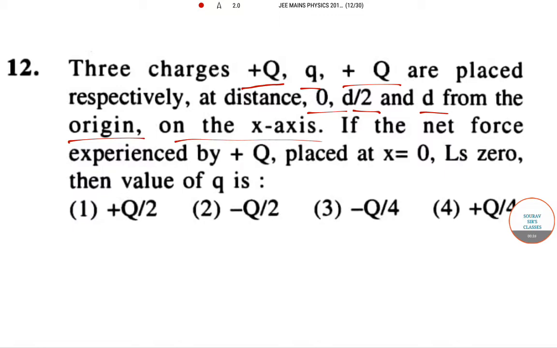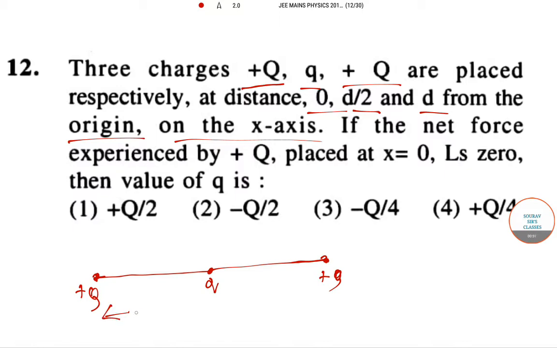So, if I draw this diagram, this first charge is plus Q, in the center this is small q, and the last one is also plus Q. Here these are the distances d by 2 and d from the origin.